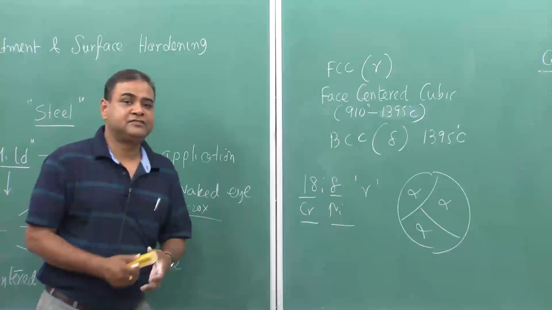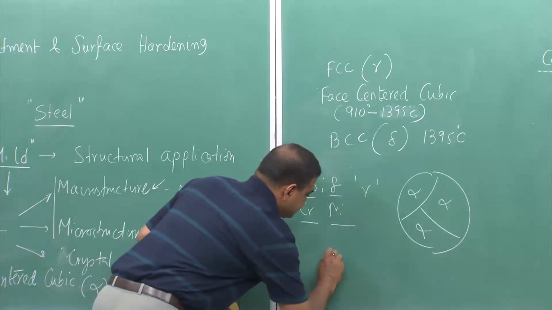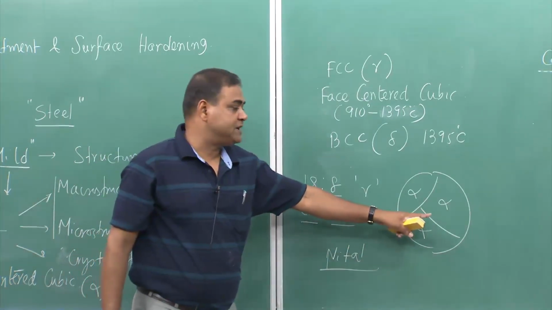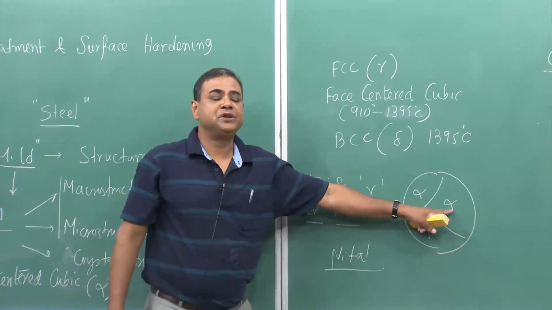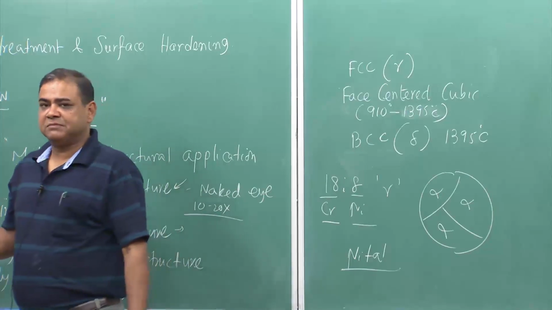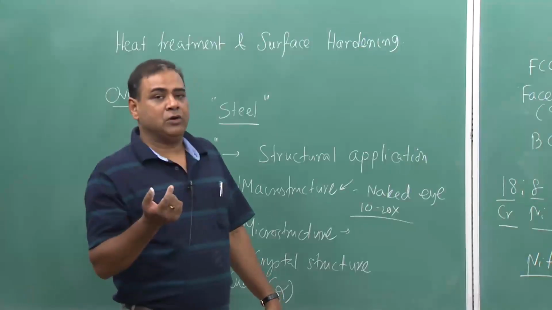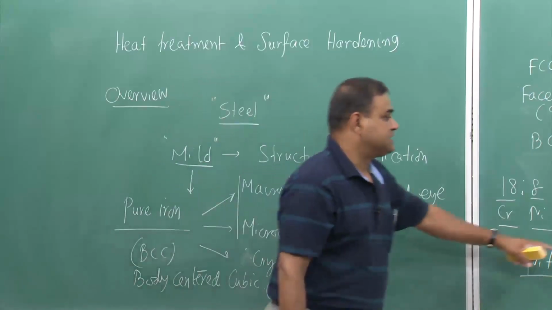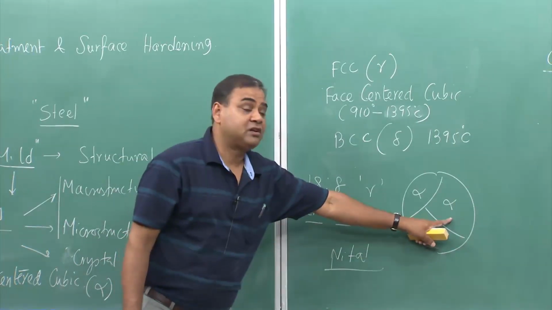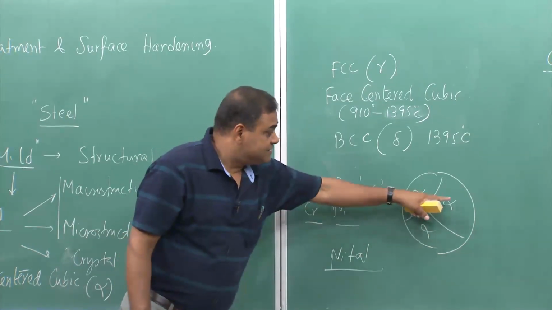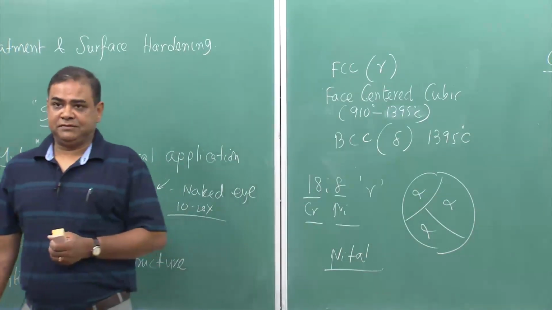That acid solution we call nital, and if we dip that particular mirror polished surface in the nital, and allow it to react for some time, and then take it out and see under an optical microscope, you will see a grain structure like this. So, these are called grains of alpha, and this is called the microstructure.